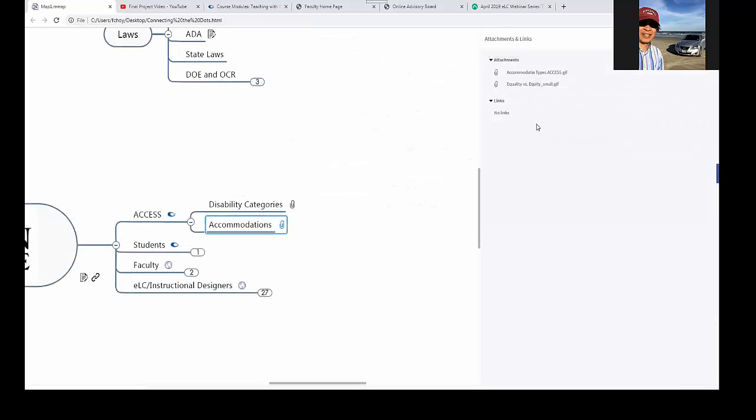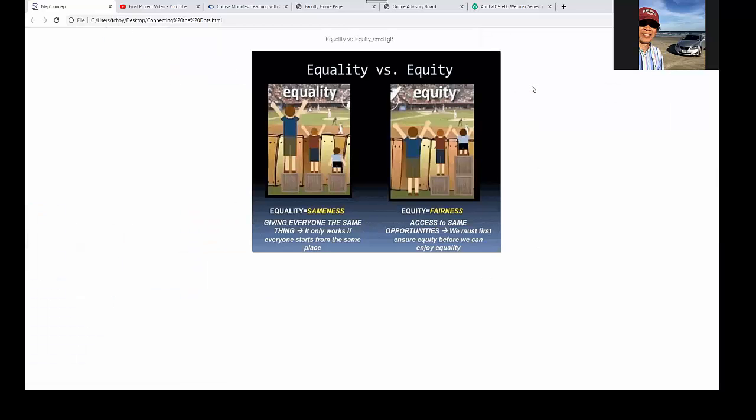Okay. All right. So one thing I was trying to mention earlier is this picture a lot of you have seen, about equality versus equity. You can say, oh yeah, fairness, or sameness. I provide everything with the same thing, even though in Section 504 you mentioned similar wording. But hey, think about these three guys here.